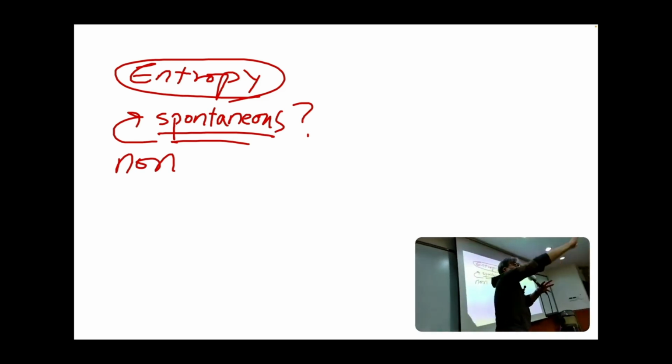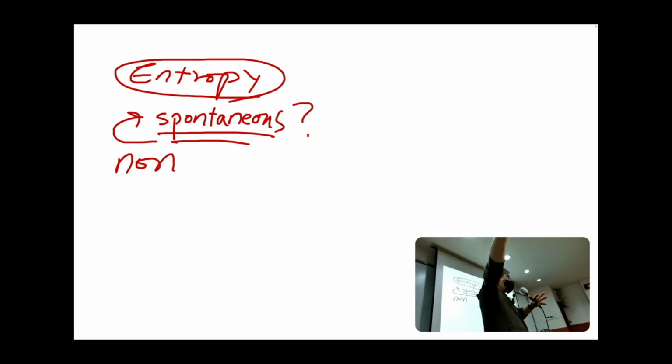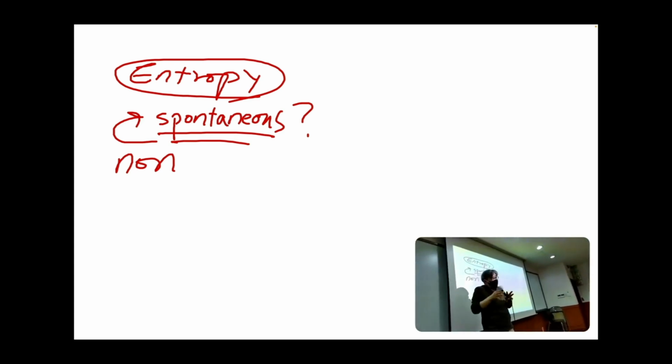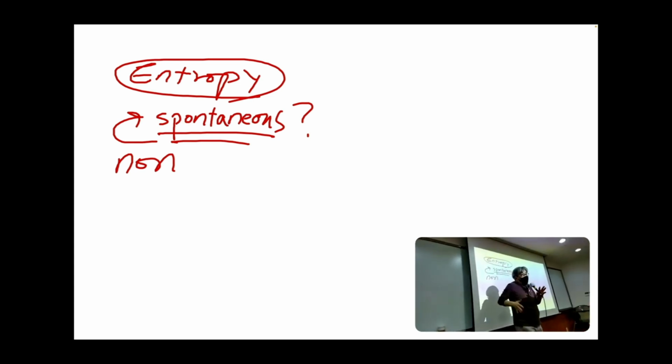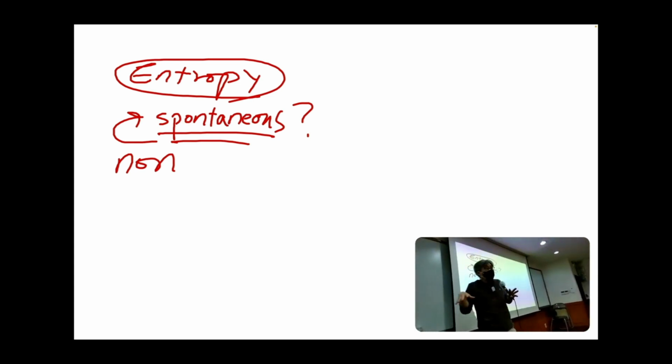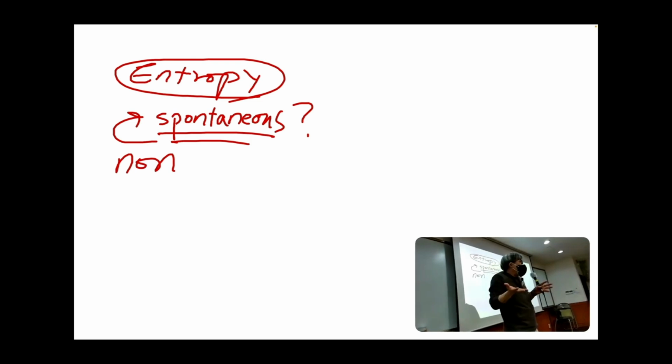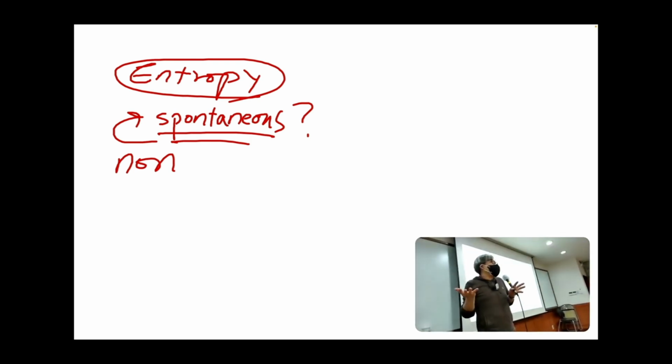Initially, you were sitting like this, all scattered around. But then if I call you up and let you guys stand in line so nicely on this little podium, did I increase the entropy or decrease the entropy? Decreased, yeah. So is it a spontaneous reaction?